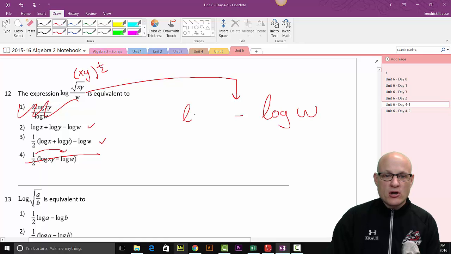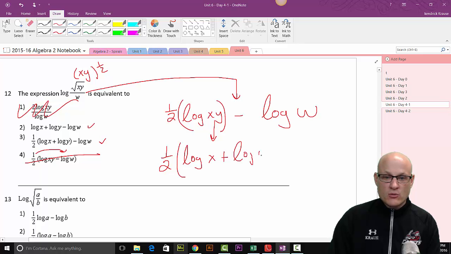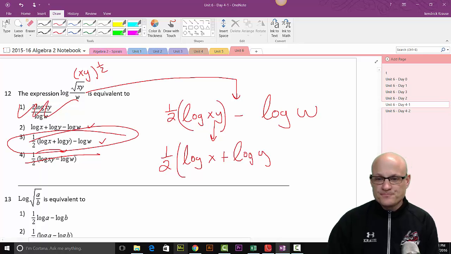So this is going to be log xy, but the 1/2 comes out front here. This turns into addition, but remember, it's 1/2 times that whole thing. So it's 1/2 log x plus log y. Choice 3.